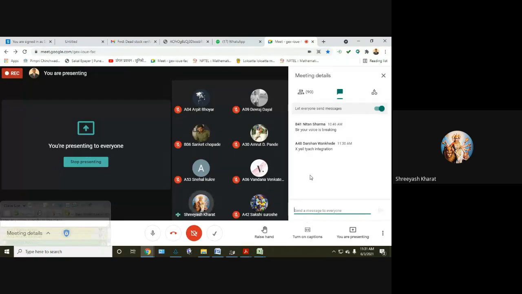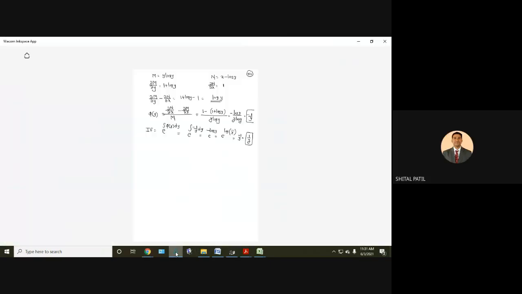Minus log y by y, integration. Correct. Just one minute. Let me solve this example. Yes, 1 upon y is the integrating factor. Okay, now multiply differential equation 1 by 1 upon y.